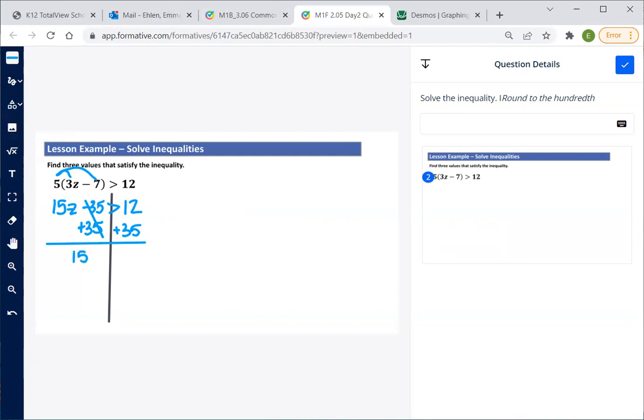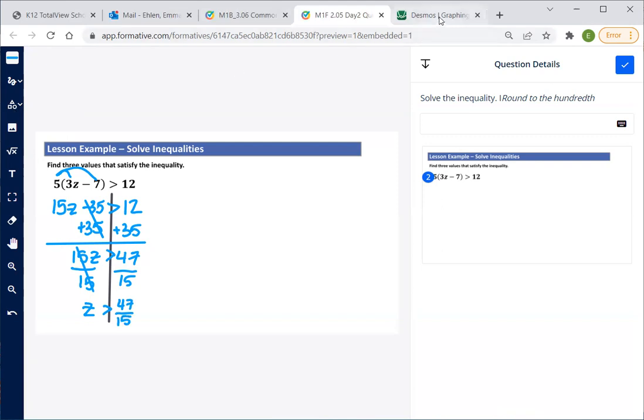And 15z is greater than 47. Then last step, we gotta divide by that 15 on both sides. So those cancel each other out, and we have z is greater than or equal to 47 over 15.